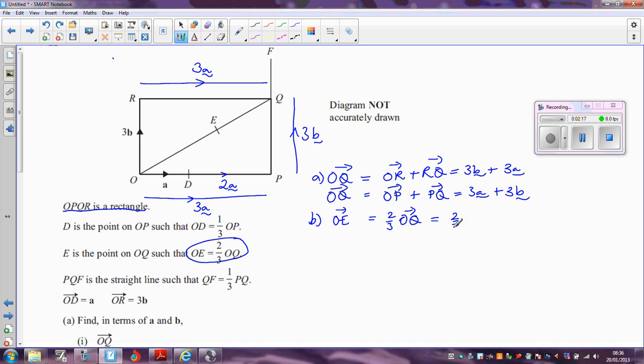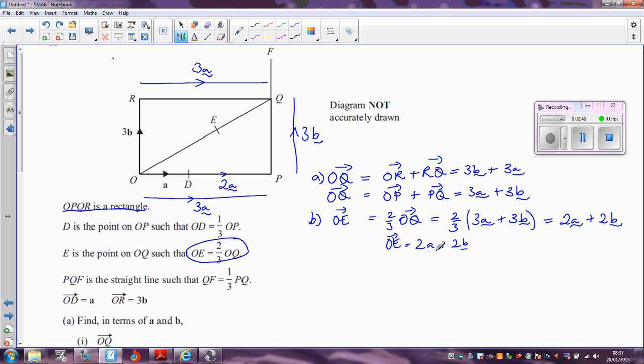In other words, I'm going to find 2/3 of the vector 3a plus 3b. If I find 2/3 of 3, that just gives me 2. So the vector comes out as 2a plus 2b. Okay, so the vector OE now is 2a plus 2b.